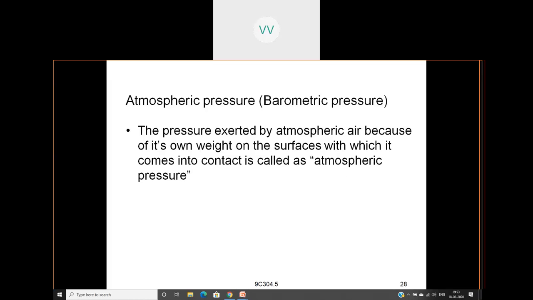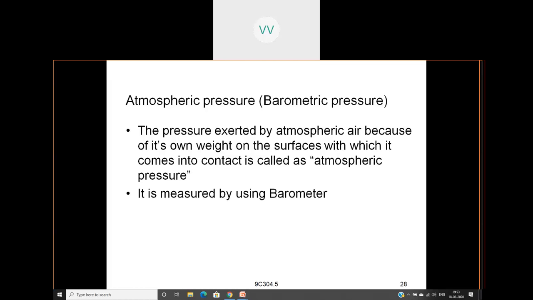Air exists everywhere as we all know. So the water is exposed openly in an open channel, in a dam or a reservoir. Where the top is not closed, it is open to the atmosphere, then atmospheric pressure only will be acting over the surface which is in contact.